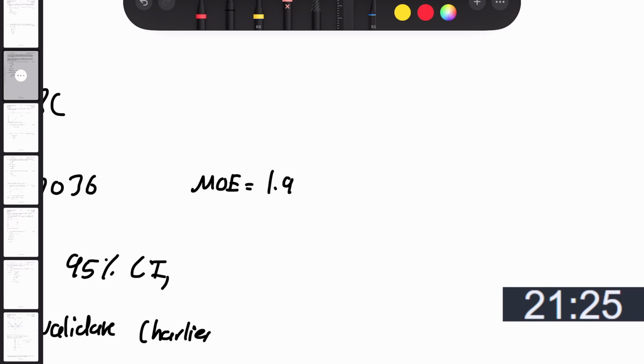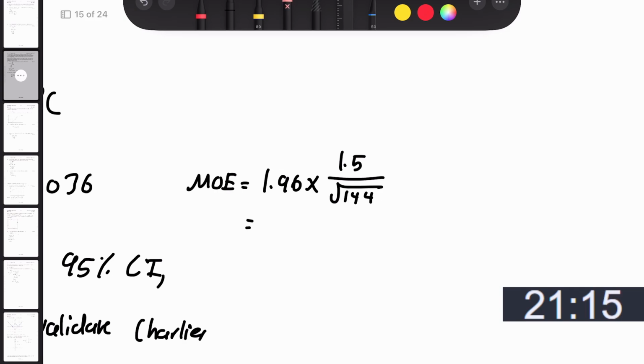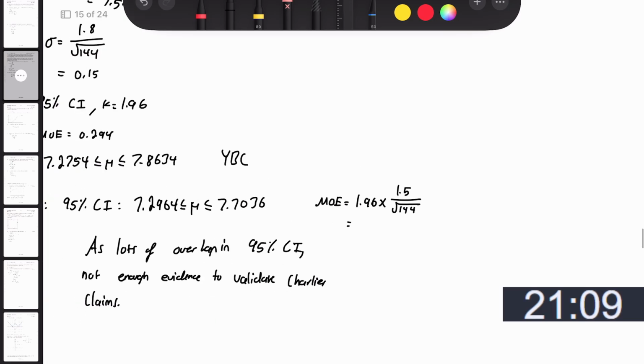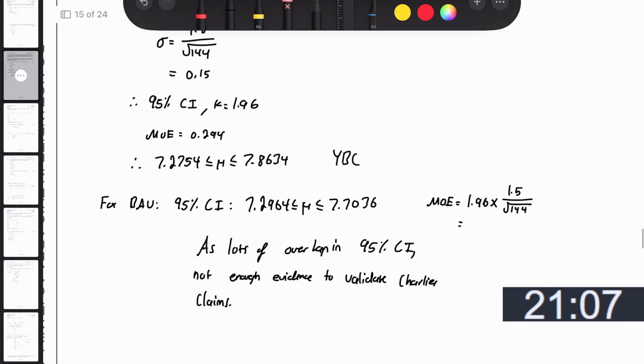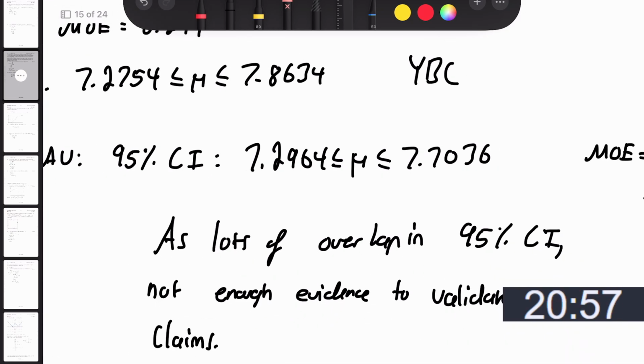So 1.96 times 5 on the square root of 144 is equal to 0.245. It's still wrong.